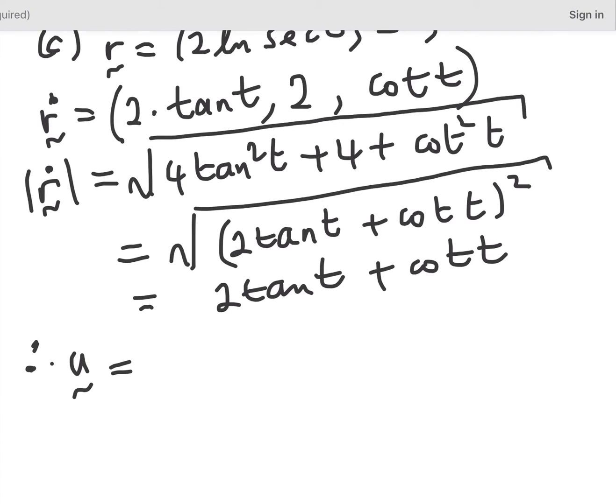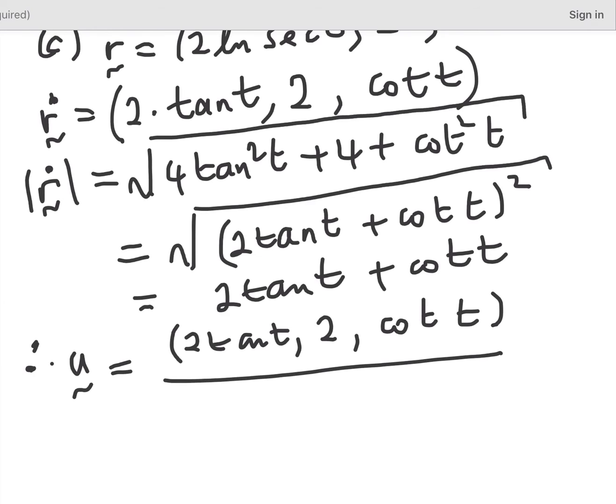This will be then 2 tan t, 2 cotangent t. So that is your vector r dot, and you divide that by, I should say here, this step, this should have been a modulus, because we want to keep the square root positive. So this would be then the mod of 2 tan t plus cotangent t, like so.